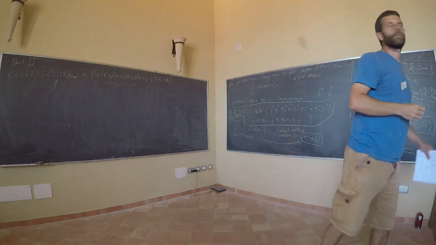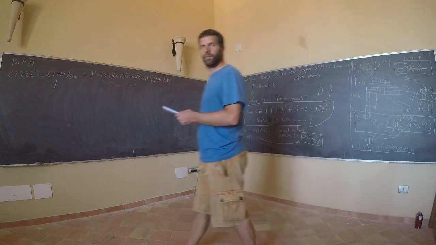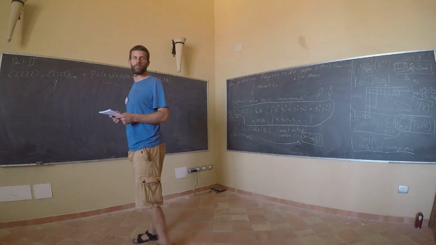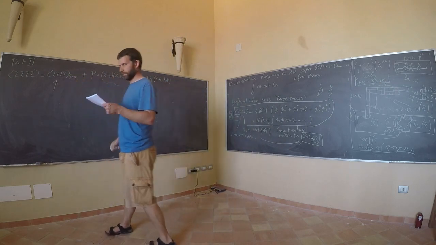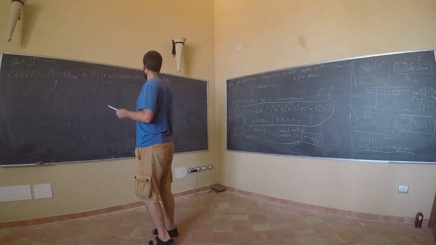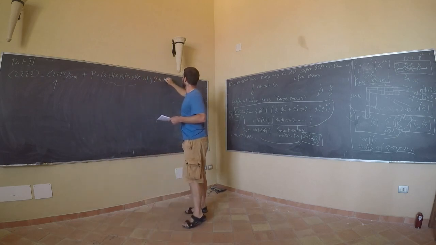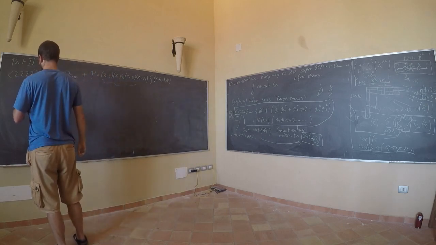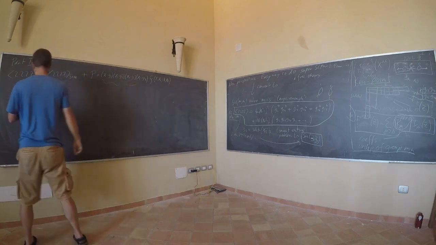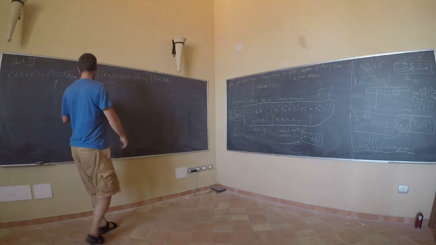Okay. So this is a result of the 4-point function at g n equal to 0. Yes, exactly. And this depends on lambda and n.